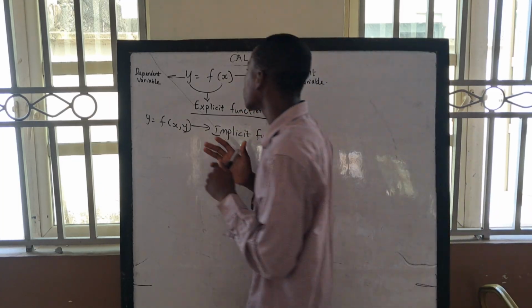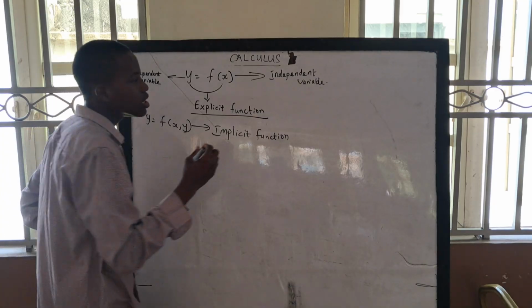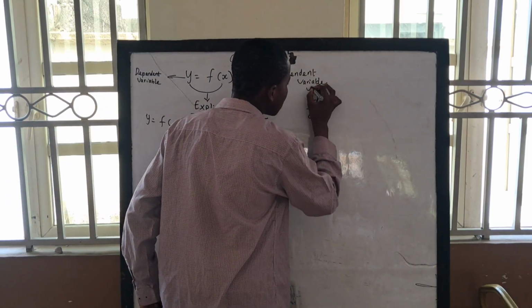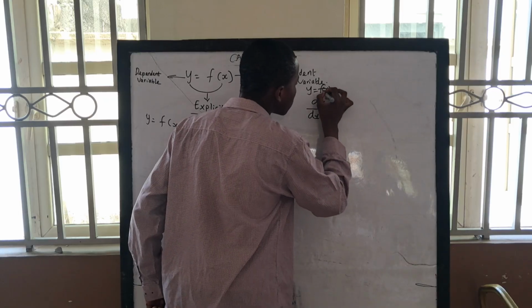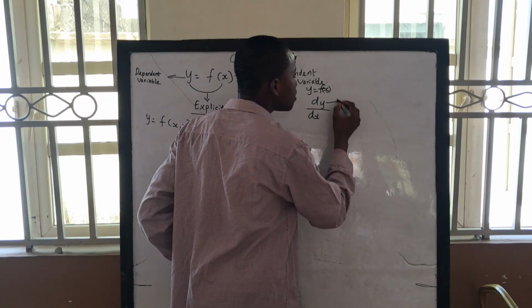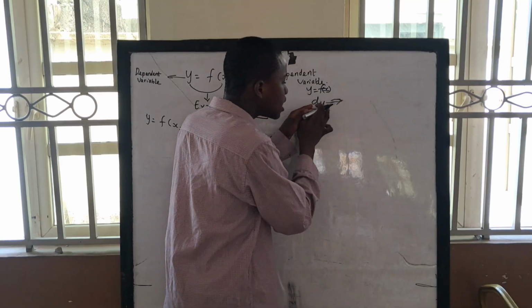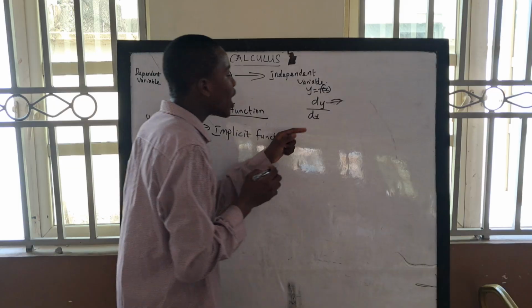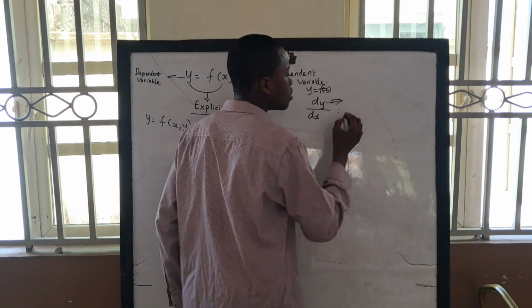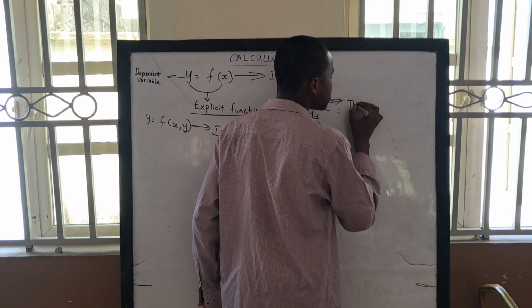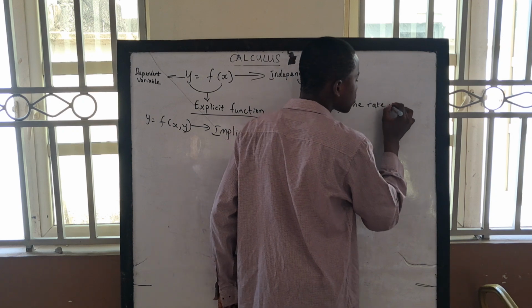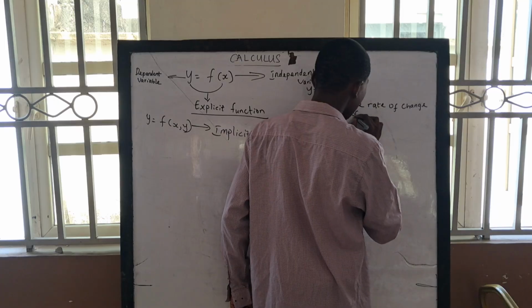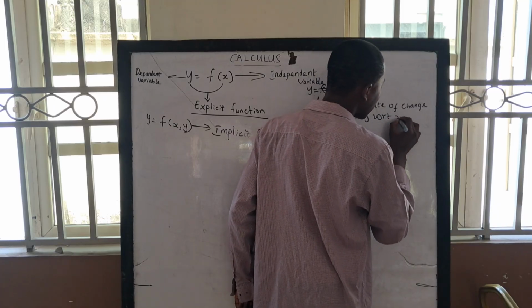So now if I have y to be a function of x, and I'm asked to get the dy/dx, that means I'm differentiating my y with respect to x. So this dy/dx can be called the rate of change of y with respect to x.